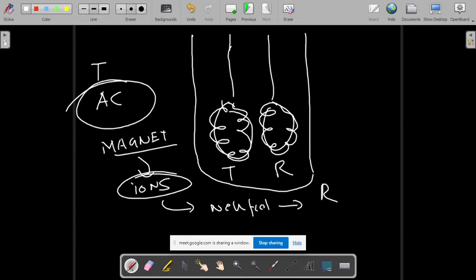Because of this process, you will pick up a signal in your receiver coil. This signal will be proportional to the number of ions present in the sample. This is called the inductive method. The first one is called the conductive method, the second one is called the inductive method. Fine, so that's the basic working of electrical conductivity measurement. Okay, we'll see some videos.